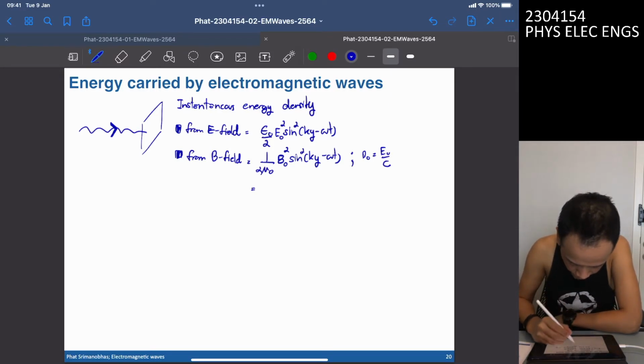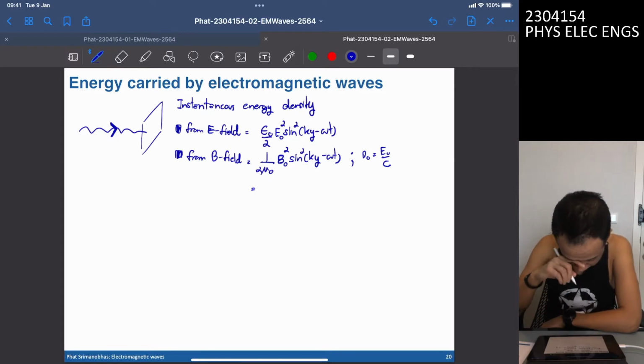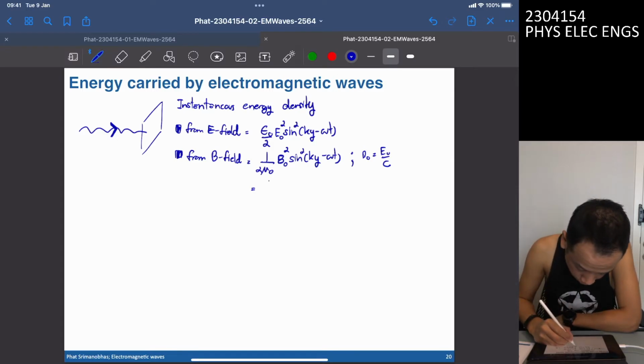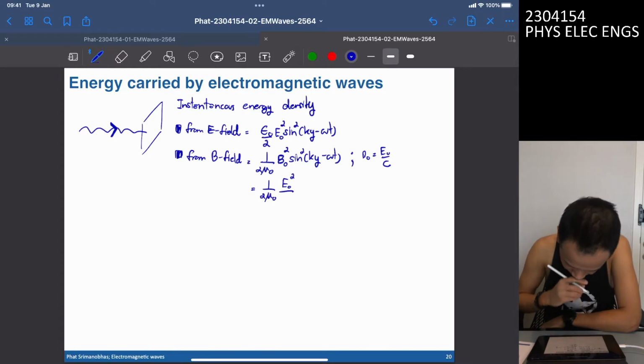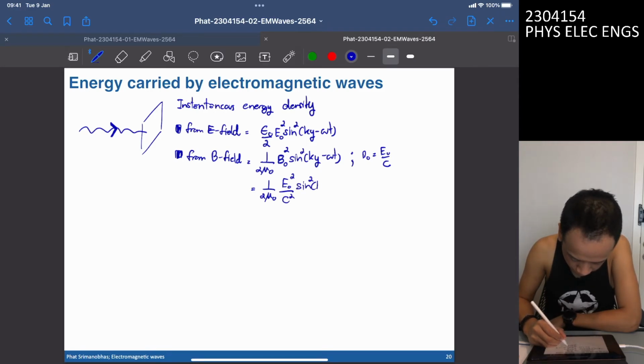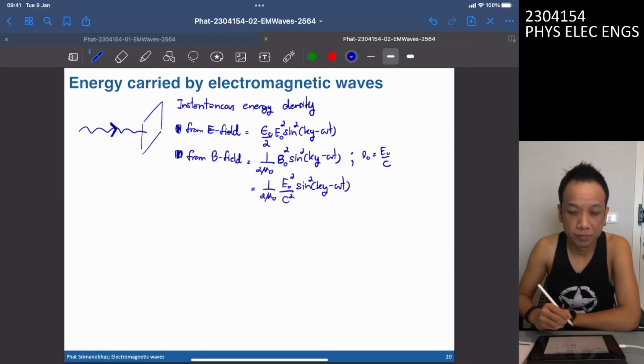So from the B field, it becomes 1 over 2 mu 0 E0 squared divided by C squared, sine squared of (ky minus omega t).